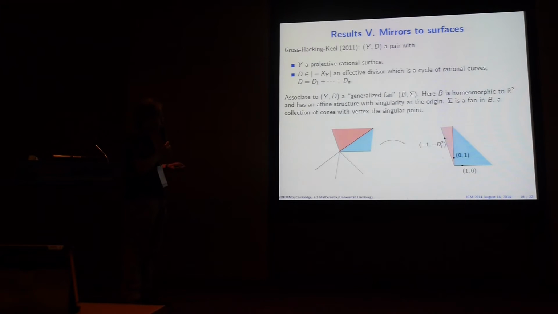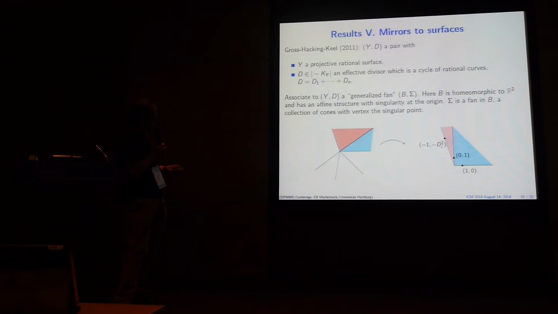Each one of these cones in the fan should be viewed as just affine isomorphic to the first quadrant in R². But to describe the global affine structure, to describe the affine structure across the edges, I need to define a chart in the neighborhood of each ray. So for example, here's one ray, and I will have a one-to-one correspondence between these rays and divisors on the boundary.